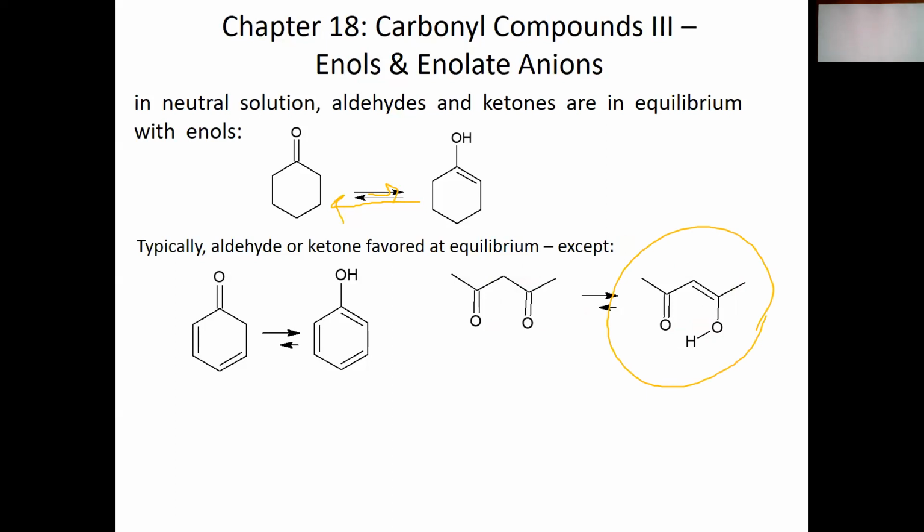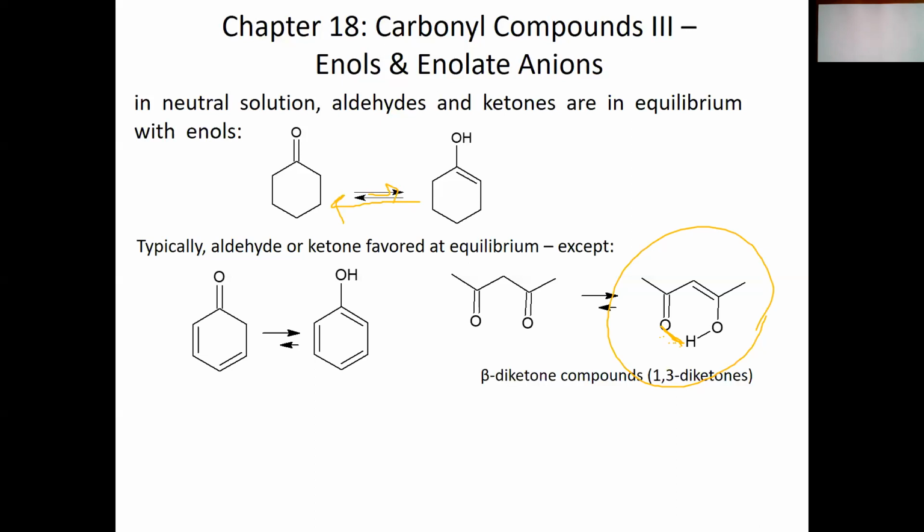Aromatic things are more stable because they're more conjugated. Remember? In addition, in this molecule, you can have a little hydrogen bond between the oxygen of your remaining ketone and your H of your OH enol. That little six-membered ring that's formed from a hydrogen bond provides a little extra stability.